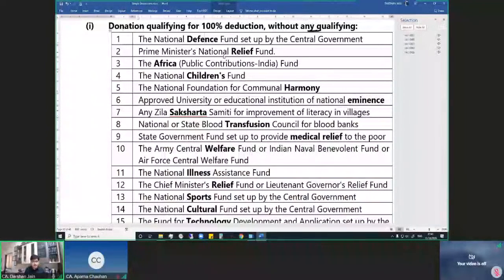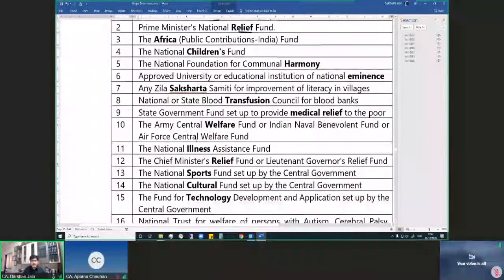The National Defence Fund set up by the central government, the Prime Minister's Relief Fund, the PM Relief Fund is one very widely used fund for the purposes of giving donation. Then the Africa Public Contribution India Fund, National Children's Fund, the Fund for Communal Harmony, any Zila Saksharta Samiti or approved university of national eminence, the state or national blood transfusion council.